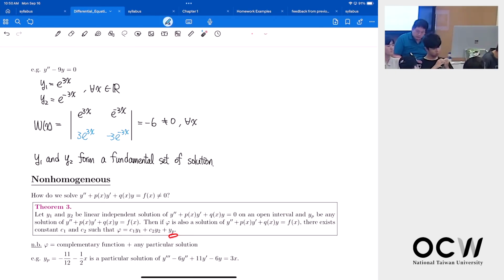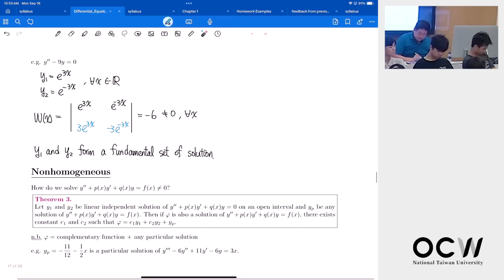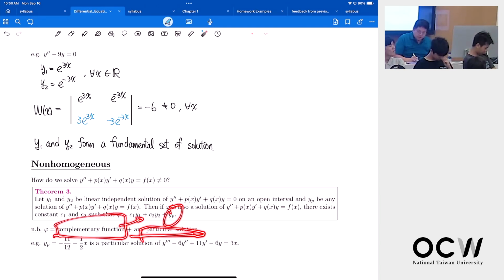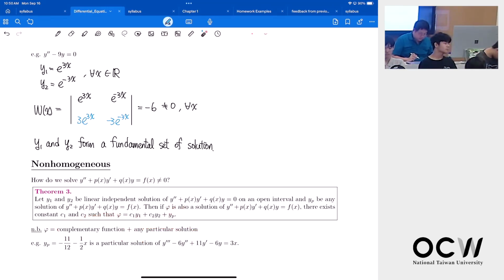You don't need it to equal C. That's a different concept, we just use the same notation. So this phi will be the complementary function plus any particular solution. Any particular solution means yp. And the complementary function means the linear combination of your homogeneous solutions, y1 and y2.